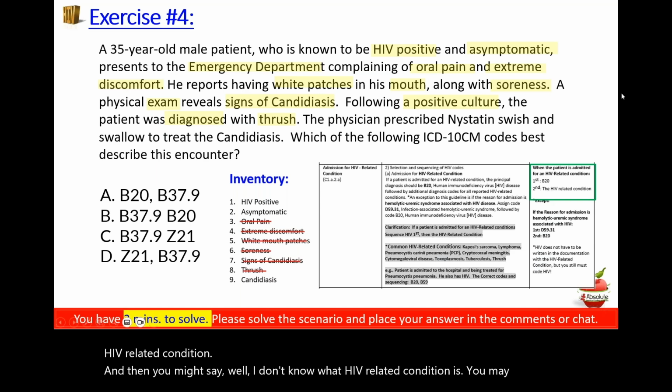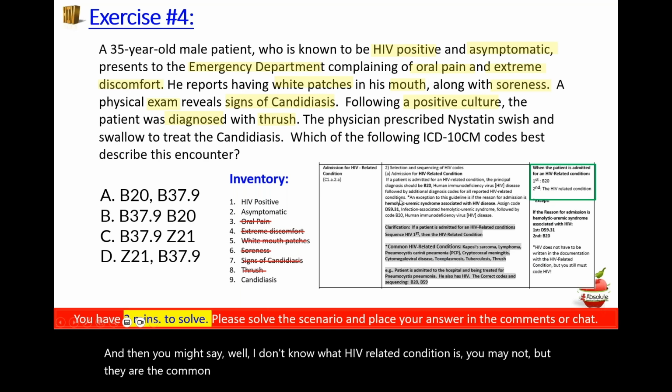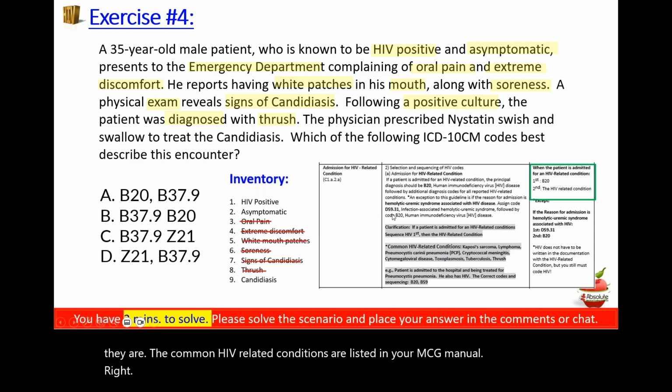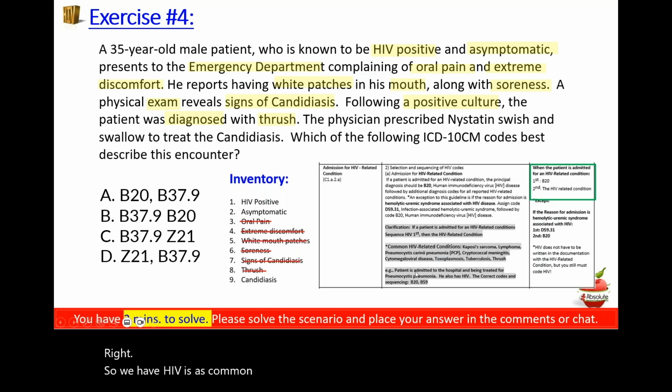You may not, but the common HIV related conditions are listed in your MCG manual, right? So we have HIV, it says common HIV related conditions here.